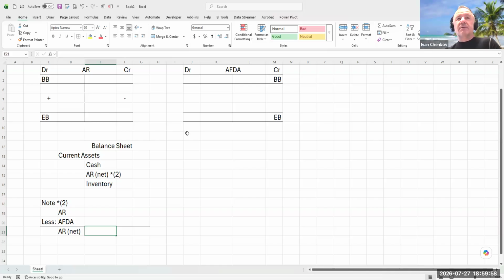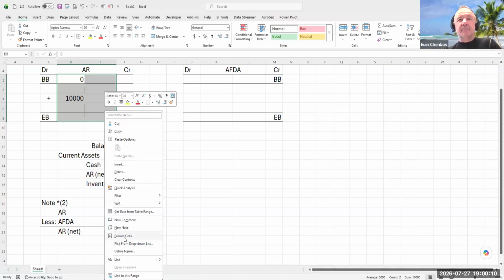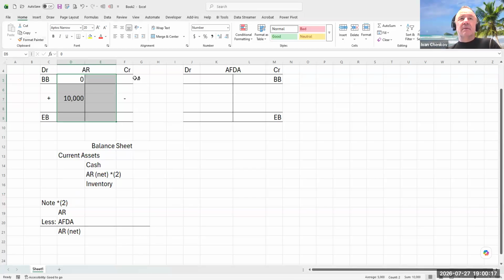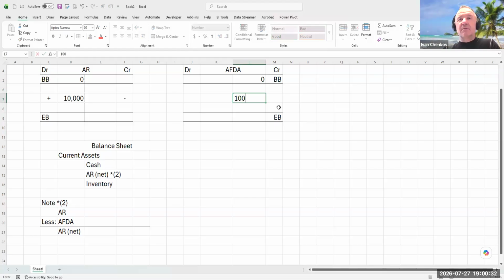So if the beginning balance is 0, the accounts receivables during the period is $10,000, and we decide that most likely we're going to have a problem with collecting the cash related to these accounts receivables, we can make a provision. Debit bad debt, credit allowance for doubtful accounts, for let's say $1,000.